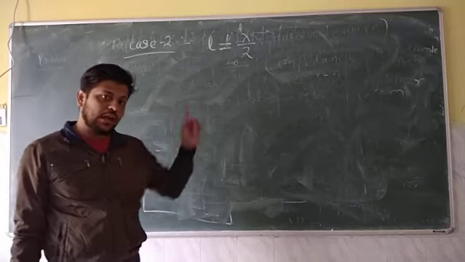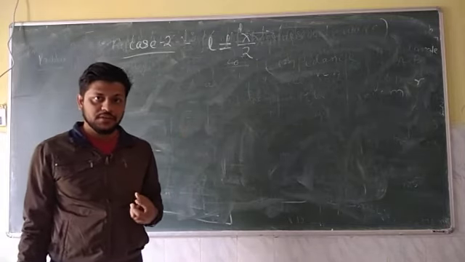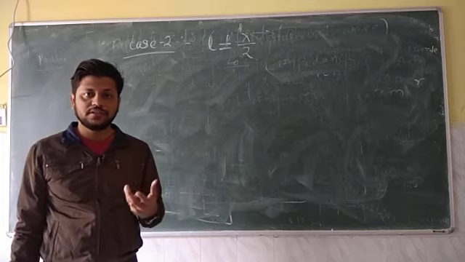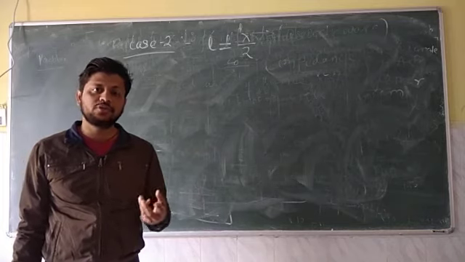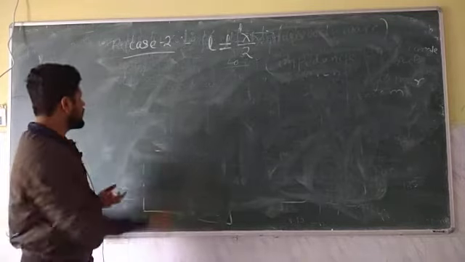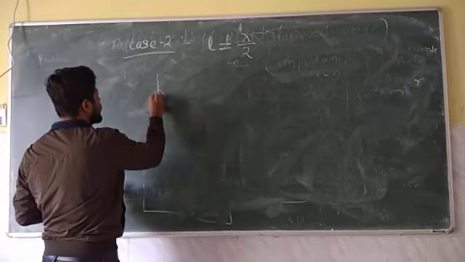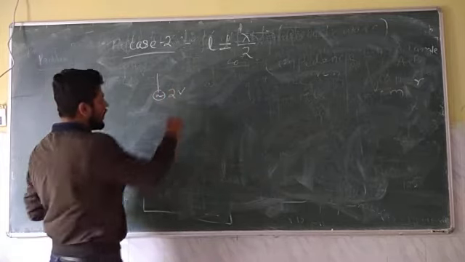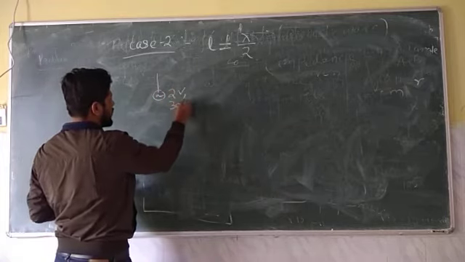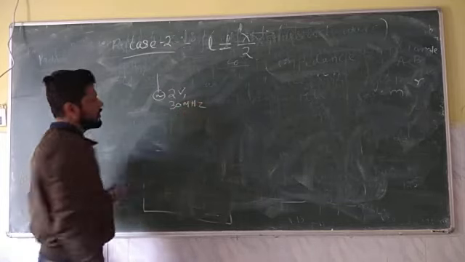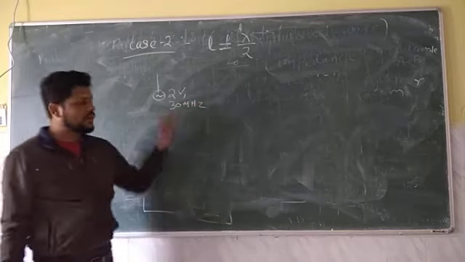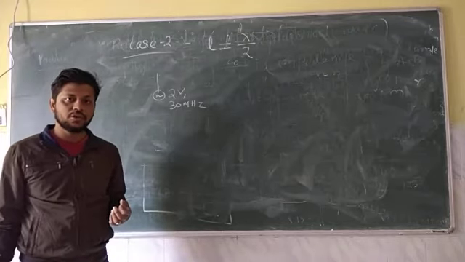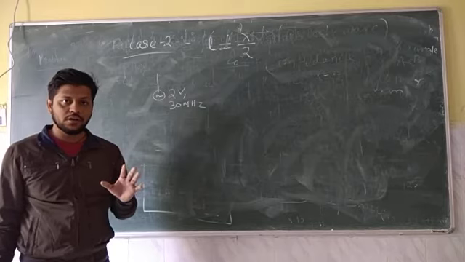So how to calculate this lambda? If the source is given as some signal having amplitude 2 volt and frequency 30 megahertz, for example, this is a source, and in your question they will give amplitude 2 volt and frequency 30 megahertz. From that frequency, and I have already explained how to calculate lambda, lambda is equal to C by F for an air medium.